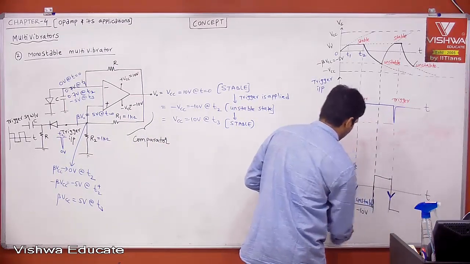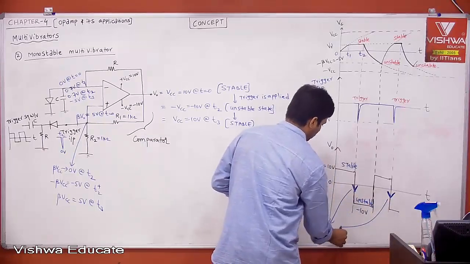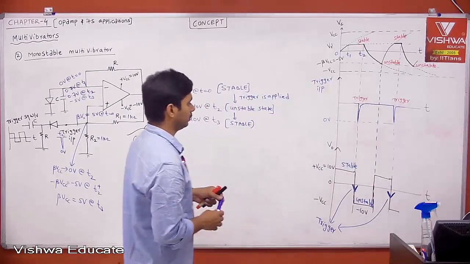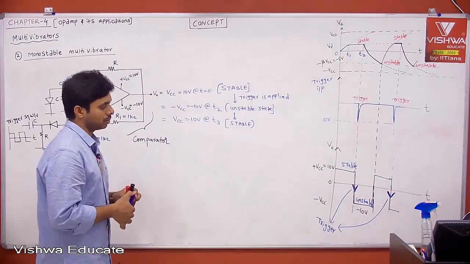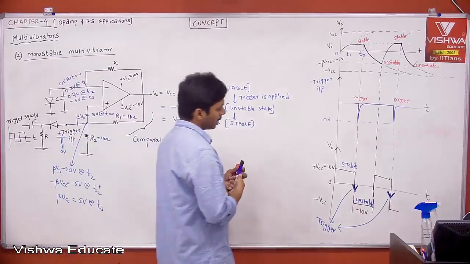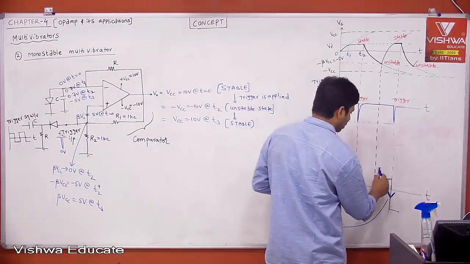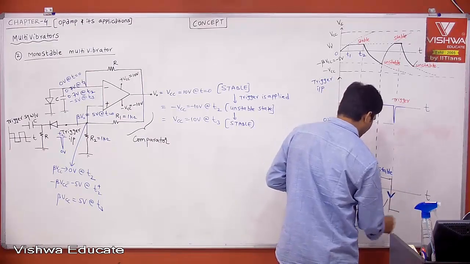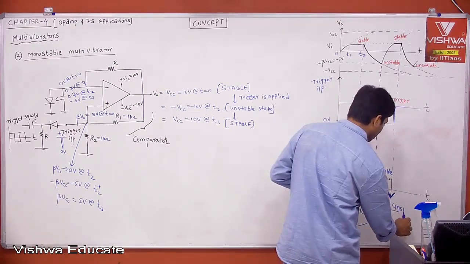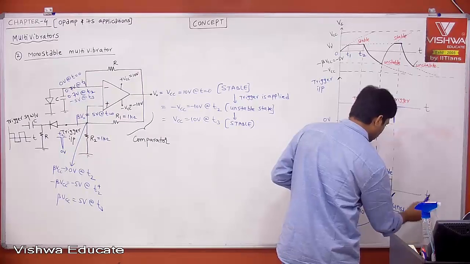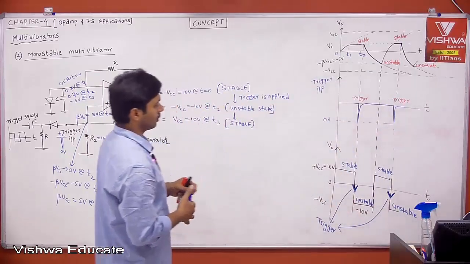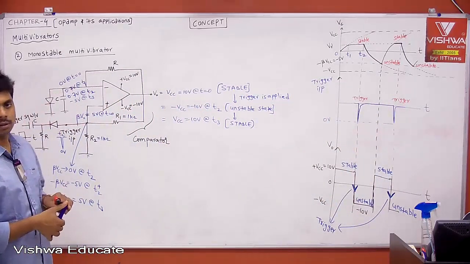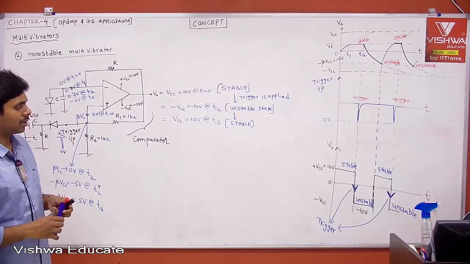This is also trigger. When I say unstable, surely it will go to stable state. Again, when I apply trigger, it will enter into unstable state. Write down the timing diagram, okay.